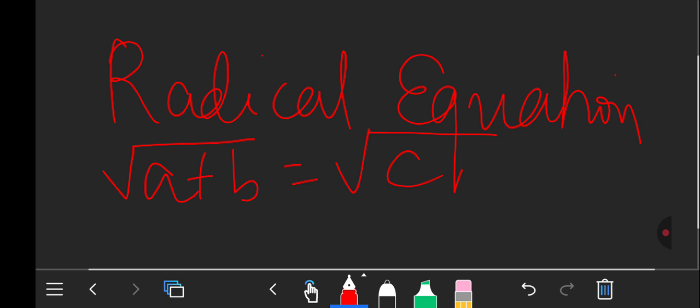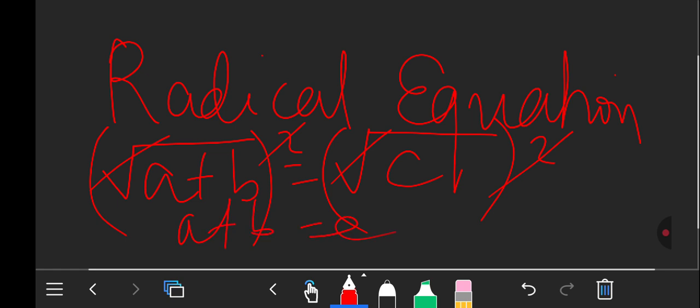For this particular scenario, we need to get rid of the square root on both sides by squaring on both sides. In this case, you'll be able to cancel out the square root and the power of 2, and you'll remain with a plus b is equal to c. You'll be able to solve this equation in a fast and easy way, because you have gotten rid of the square root.